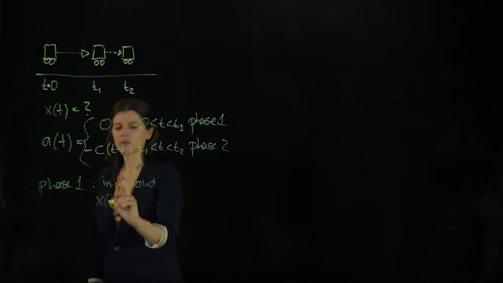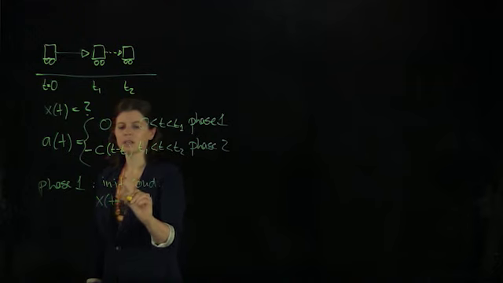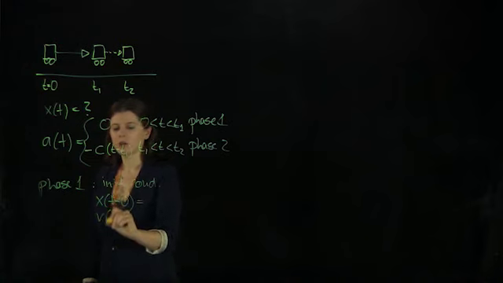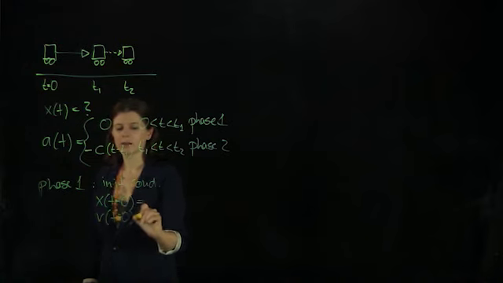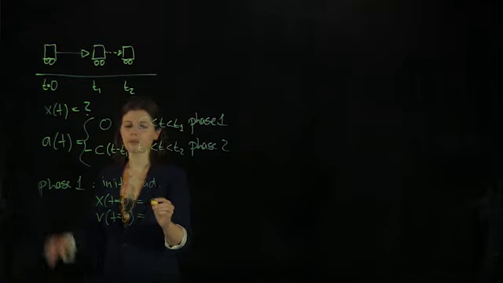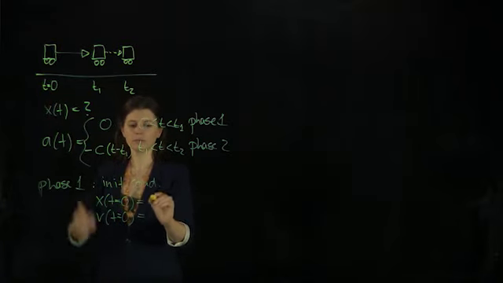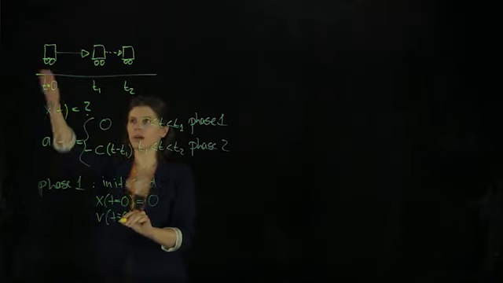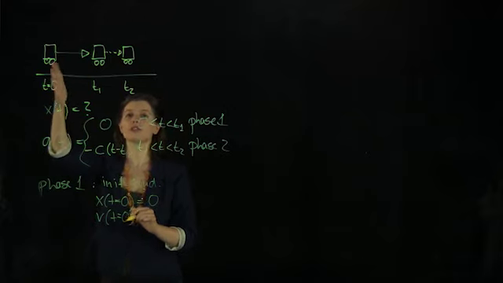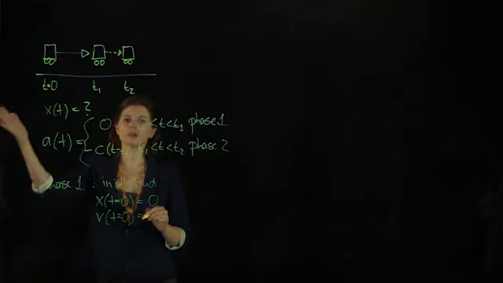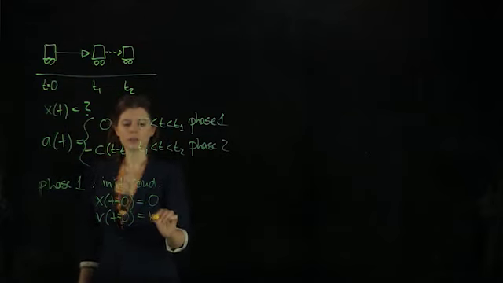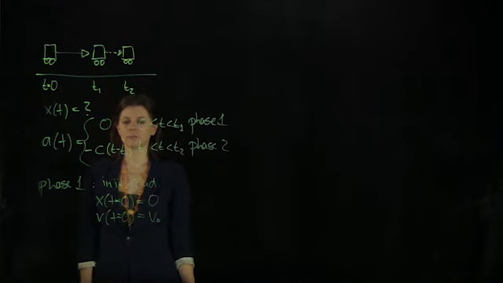What that means is we want to know what the distance is at t equals 0 and what the velocity at time 0 is. We know the distance here is 0. And we know that the problem starts when the car is already driving with a constant speed, so that's going to be v0.